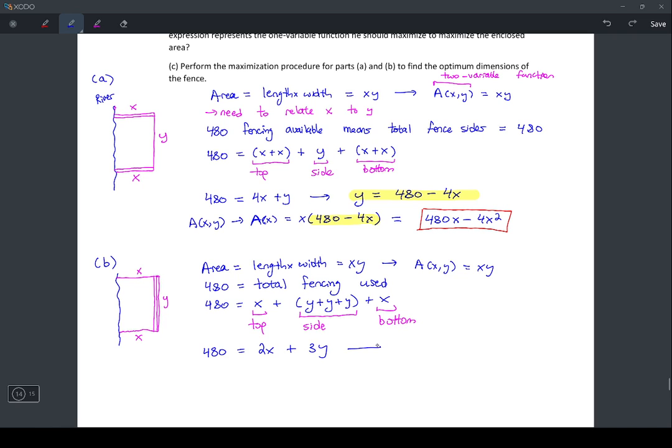I'm going to rearrange to get y by itself. So 3y is equal to 480 minus 2x. So y is equal to 1/3 of (480 minus 2x), which is 160 minus 2/3 x.